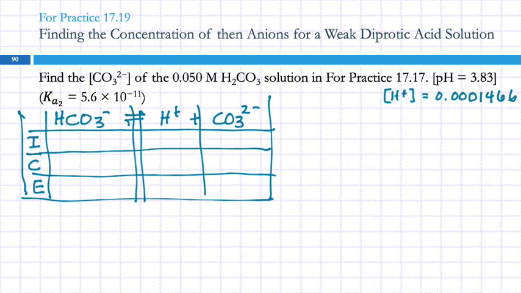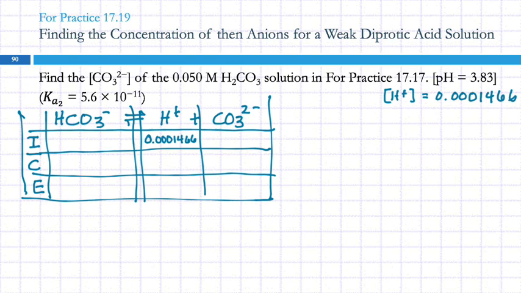So the result of the first ionization is that the hydrogen ion concentration was this number. 0.000166. No, boy, let's try that again. 0.001466. There we go.